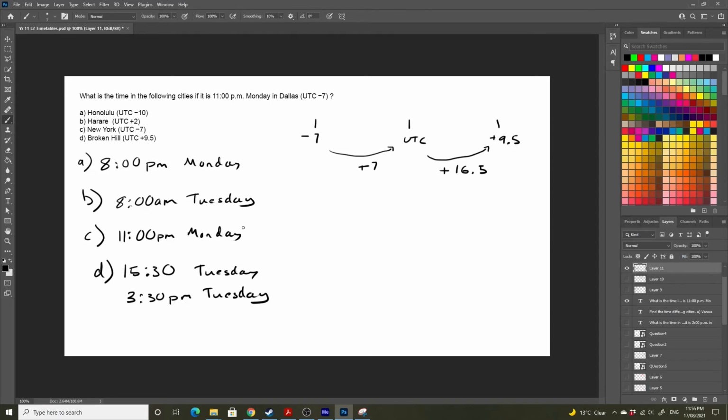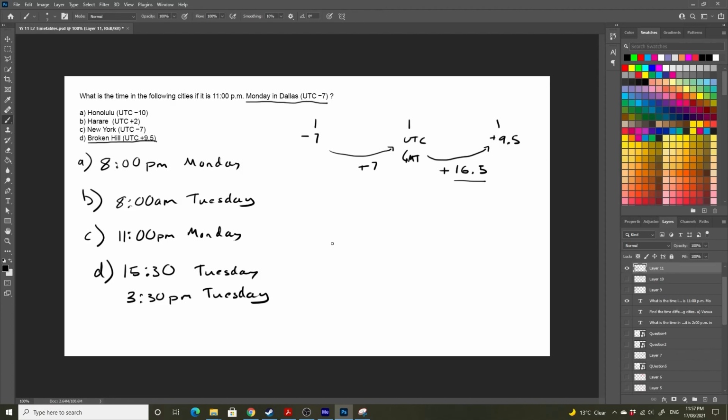So an easy way to think about this is if you're having difficulty seeing the gap in times, just find the difference between your original time zone and back to UTC or GMT, they're the same thing, and then find the distance from GMT or UTC to your second area, and that way you can get the total difference between the two time zones.